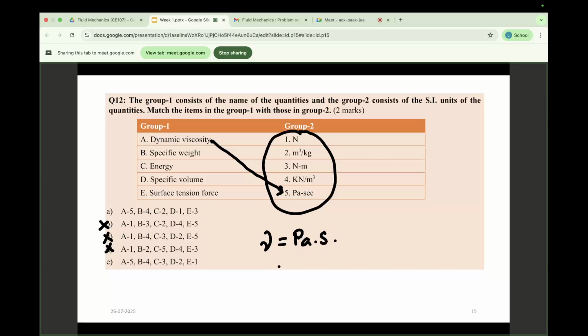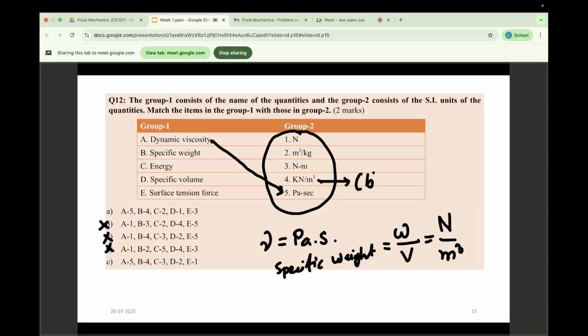So now specific weight. What is specific weight? You know specific weight equal to weight by volume. So weight means it should be Newton and volume means meter cube. That means Newton per meter cube. Here one option is kilonewton. This is in kilo. Kilonewton, yeah, it can be in kilo, not an issue. So option B, this one is for option B, right?